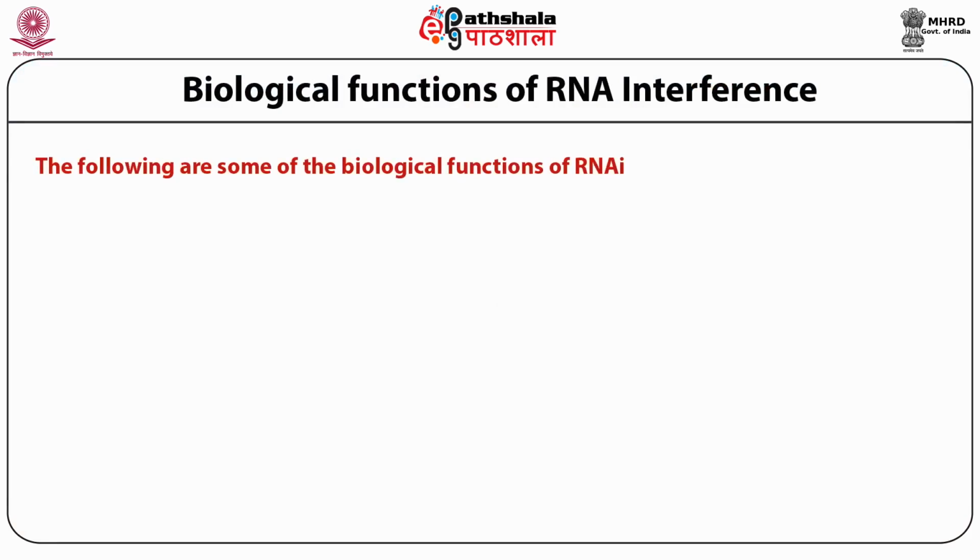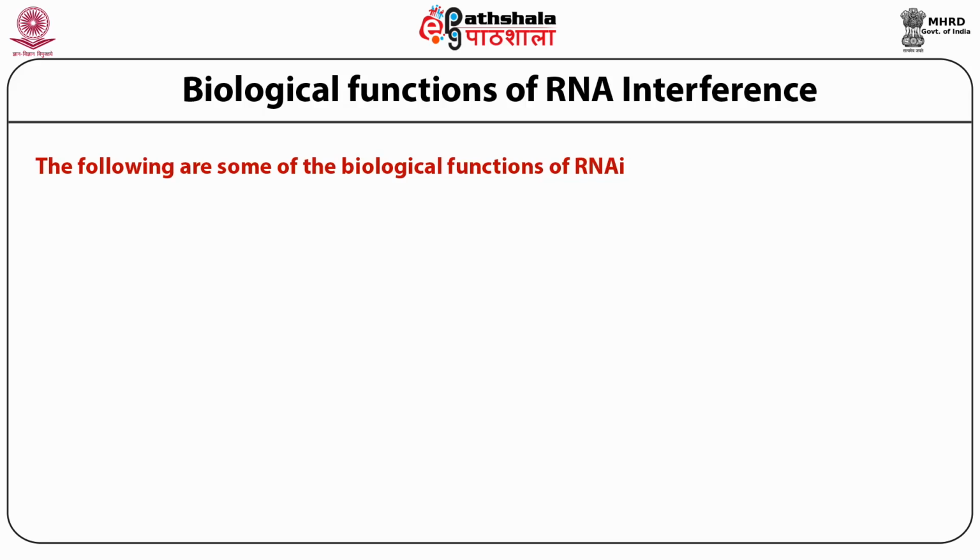This is the phenomenon which is responsible for the formation of centromeres. Due to formation of heterochromatin, these regions are not easily transcribed. Thereby, all these three different phenomena, that is degradation of the mRNA, translational repression, followed by heterochromatin formation, lead to RNA-mediated gene silencing. The following are the biological functions of RNA interference in our cells.